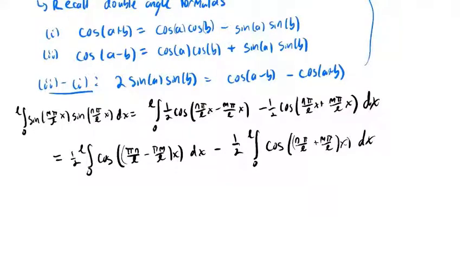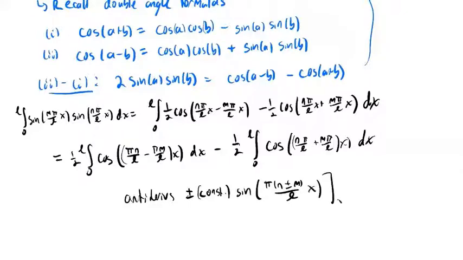Because the antiderivative is always of the form plus or minus some constant c times sine of pi times n plus or minus m over L times x, and you're evaluating when x ranges between 0 and L.